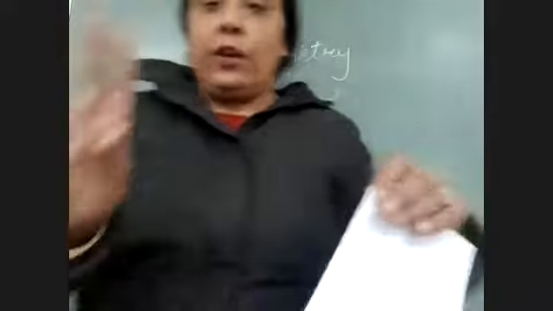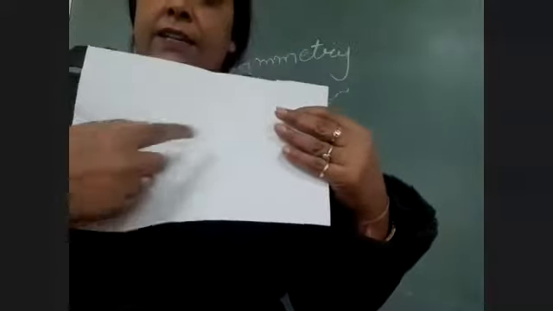So it means this fold is not a line of symmetry of this rectangle. Clear? So basically, a rectangle has only two lines of symmetry, first line is this, and second is this.